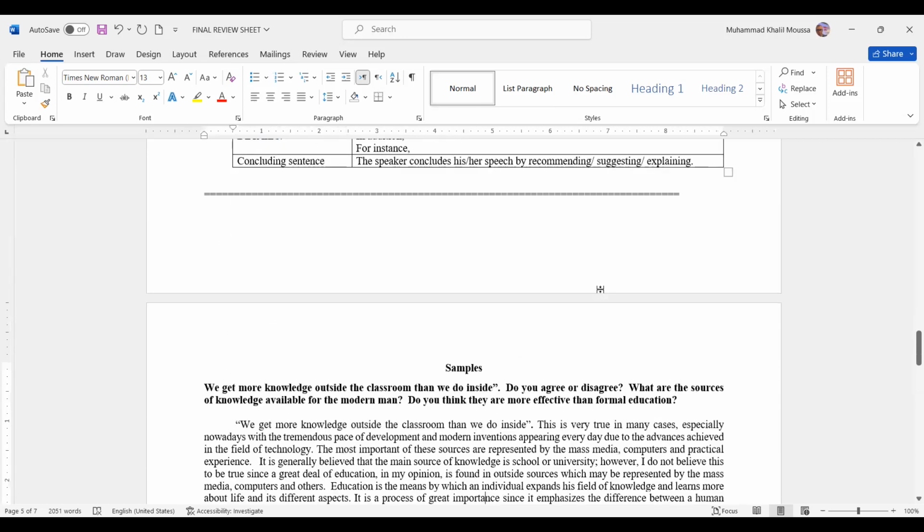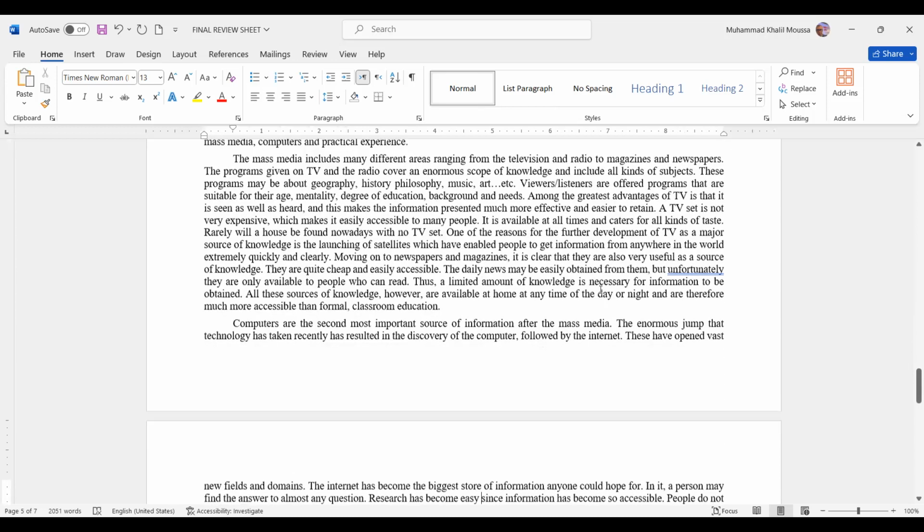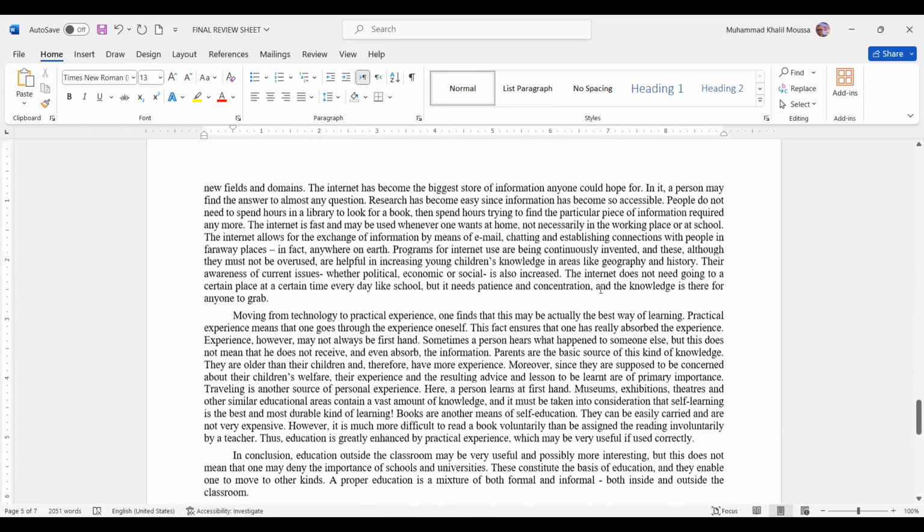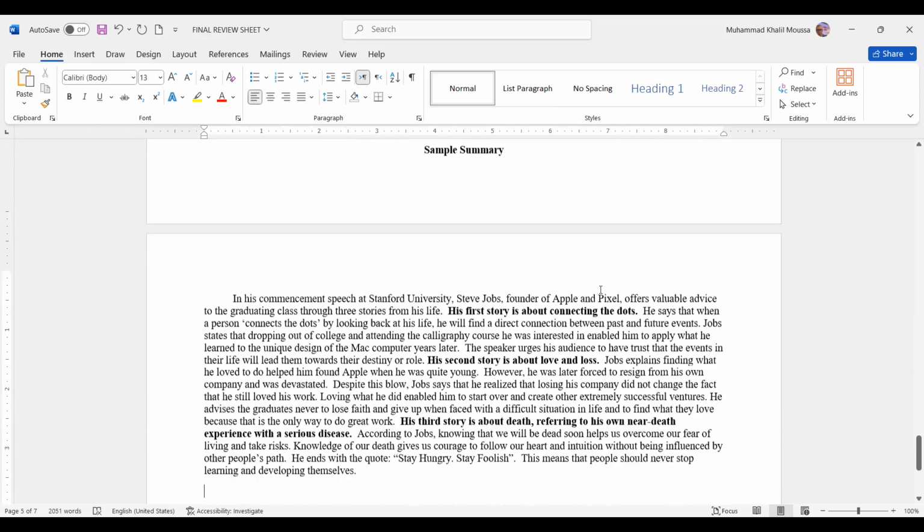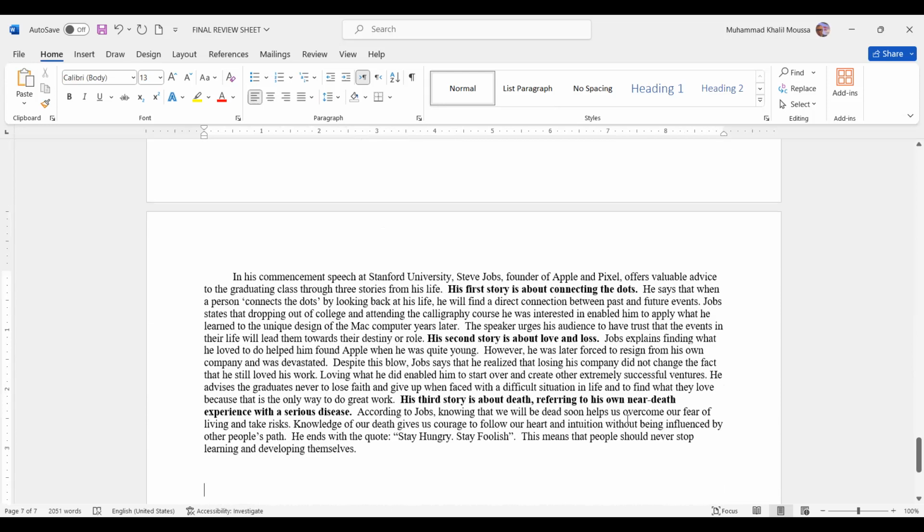Of course, this is a sample of the essay with the introduction, body one, body two, conclusion, and this is a sample of the summary. You see, this means what? According to Jobs, despite this, she explains what happens later on, finally. As you can see, the summary is in paragraph form.